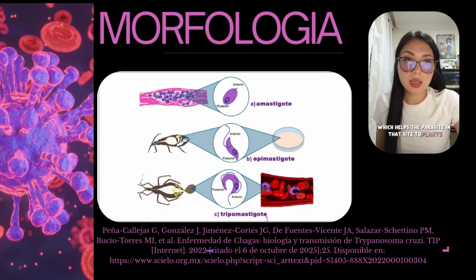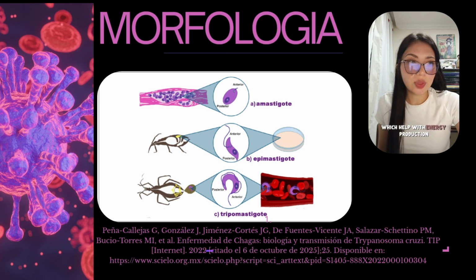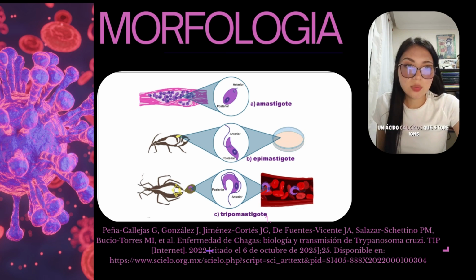In the cytoplasm, there are organelles like glycosomes, which help with energy production, and acidocalcisomes, which store ions and control pH.